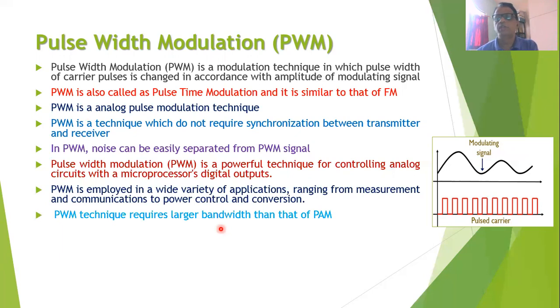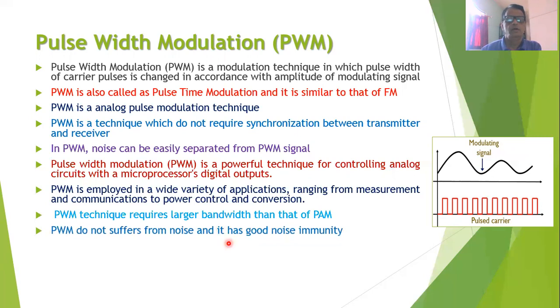Pulse width modulation requires a larger bandwidth than PAM. So this is one of the drawbacks of pulse width modulation. The biggest advantage of pulse width modulation is that it does not suffer from noise. The PAM technique, as we have seen last time, suffers from noise, but this technique has good noise immunity.